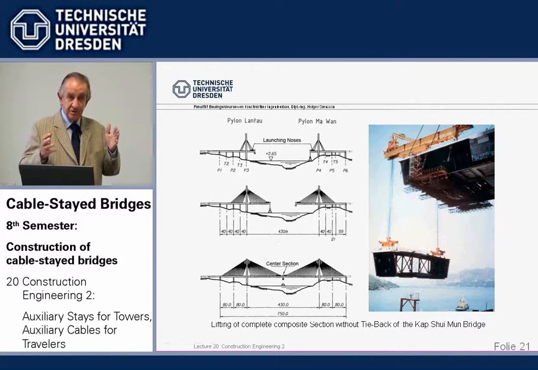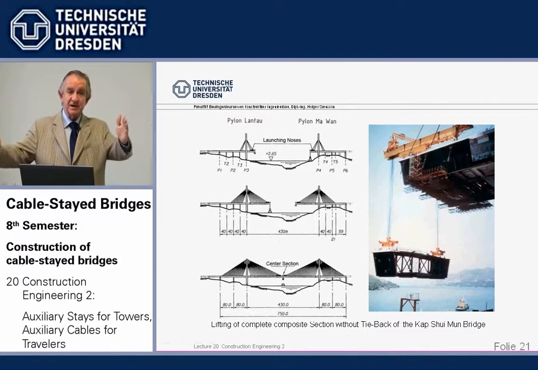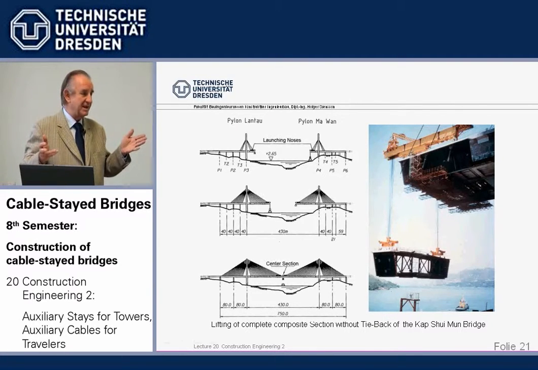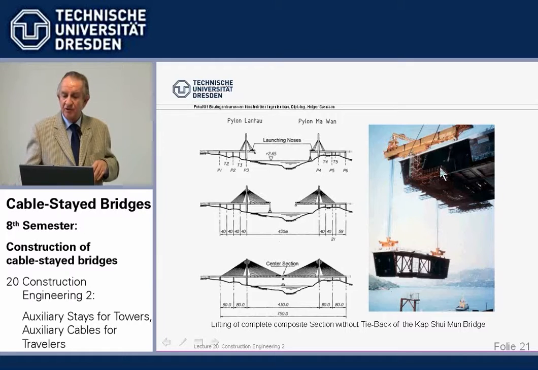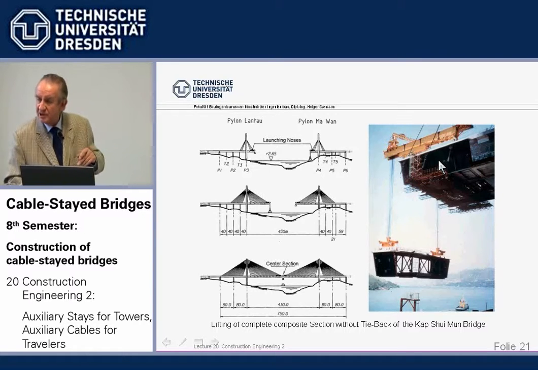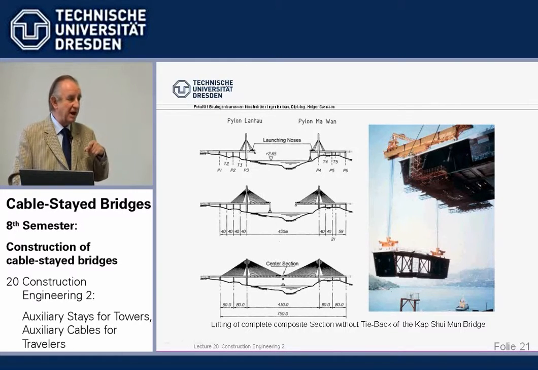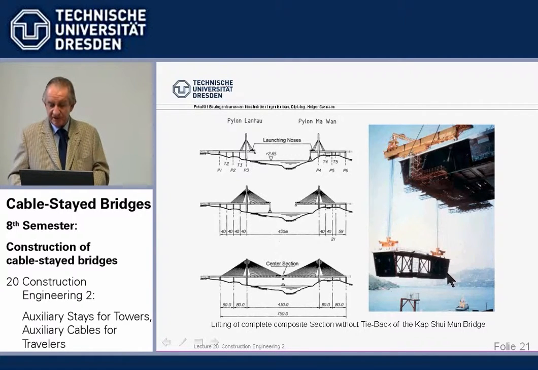I mentioned to you as one extreme a 10 meter cable distance and 1 meter beam depth, 1 in 10 for a cantilever, which probably doesn't work. Completely different situation for the Kap Shui Mun Bridge in Hong Kong, going to the formerly new Lantau Airport. I've mentioned that several times before, it is a double deck cross-section.